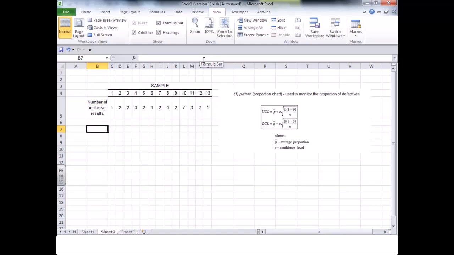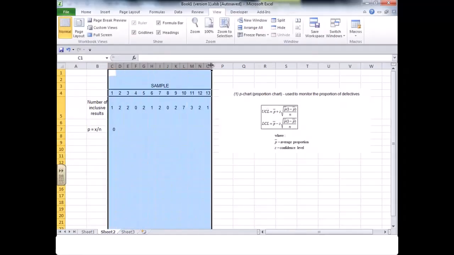So for each of these samples, we're going to compute a sample proportion, which is equal to X divided by N. So we will convert 1 as a proportion divided by 200.